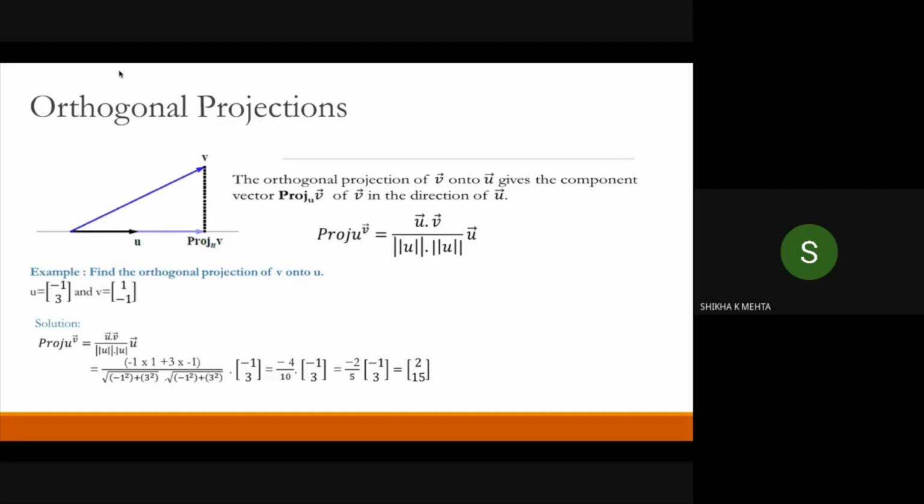This is the orthogonal projection of vector v onto u, and if you have to do the reverse, can you do the reverse of that? Now compute the orthogonal projection of vector u onto v. Then what is the value?